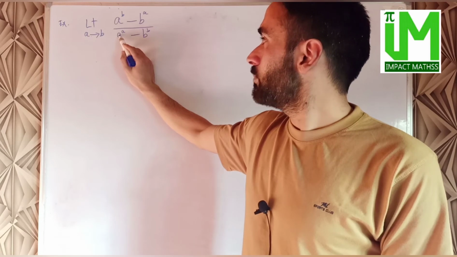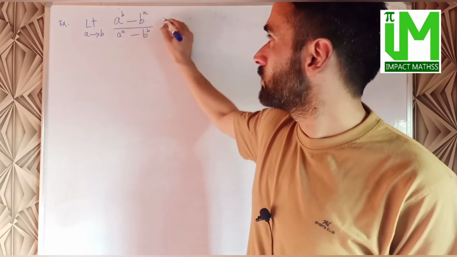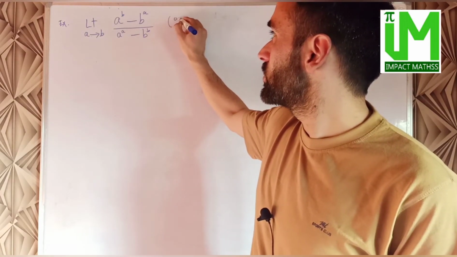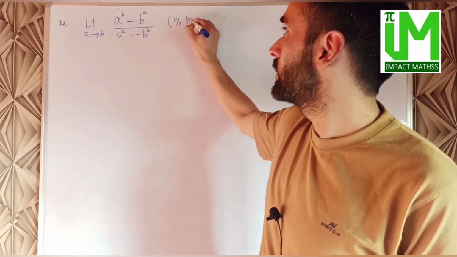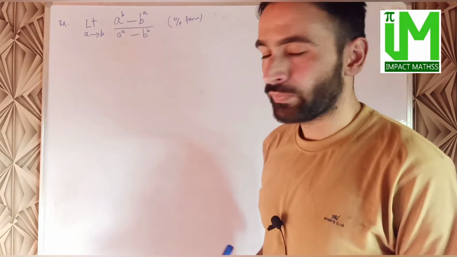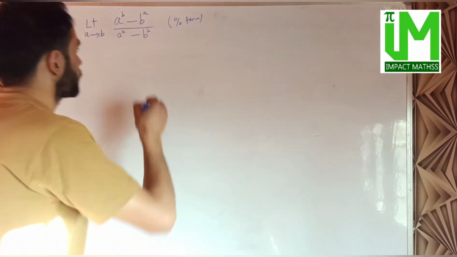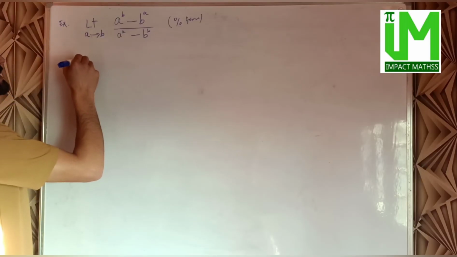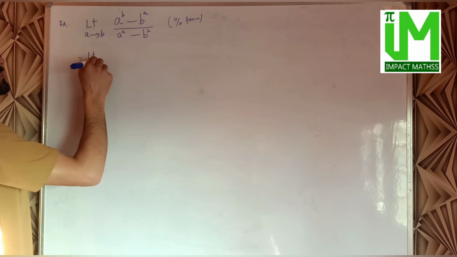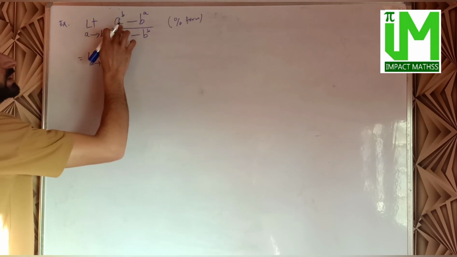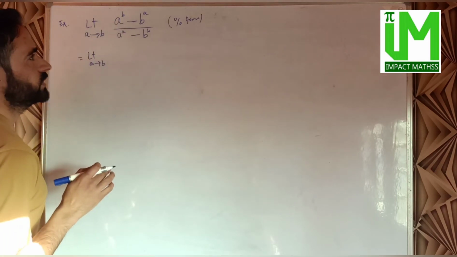So again b to the power b minus b to the power b, so this is an indeterminate form of the type 0 divided by 0. Thus we can simplify this by L'Hopital's rule, which will be limit a tends to b derivative of the numerator divided by derivative of the denominator.